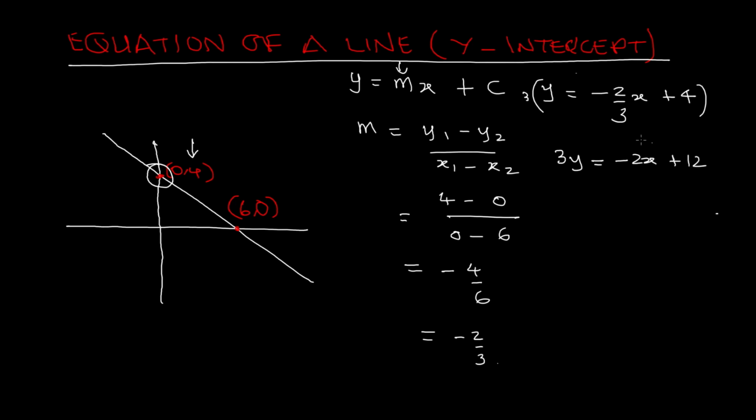I can also move this to the other side to remove the negative. Then my whole equation becomes 2x plus 3y equal to 12. It's the same. So that's our equation when we use the intercept to work it out.